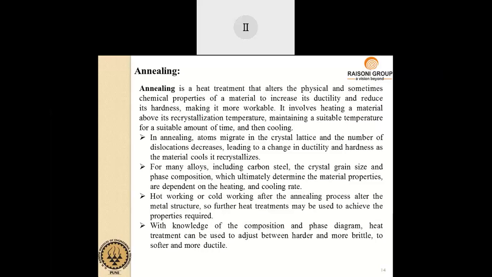So if we further reduce by 20%, I have to apply more force. Under that more force, the metal may break because the properties are changed. The material is hardened.